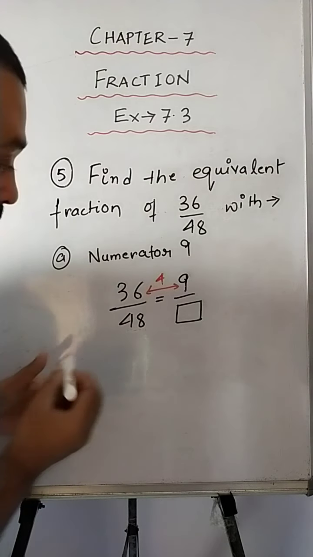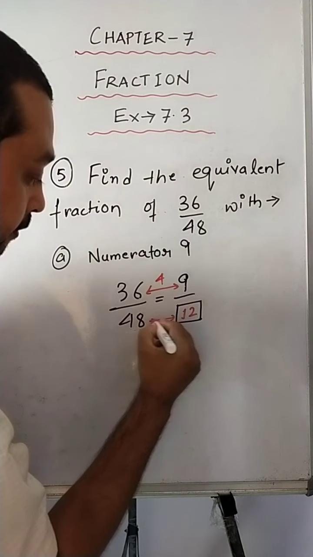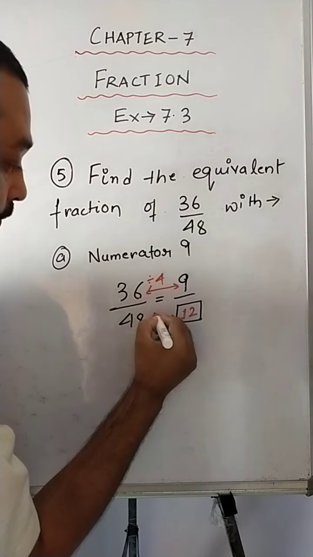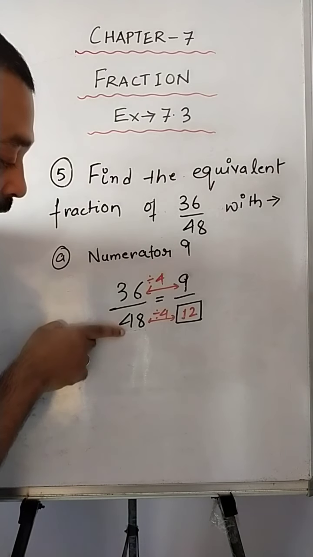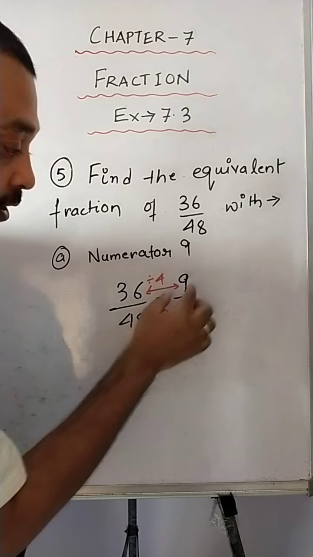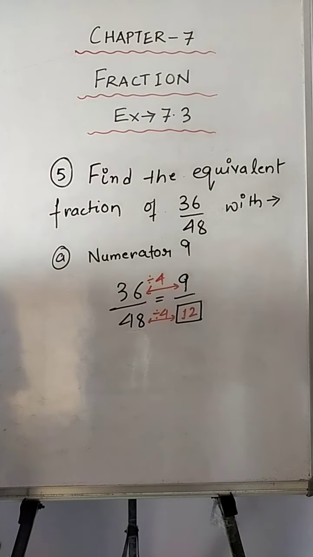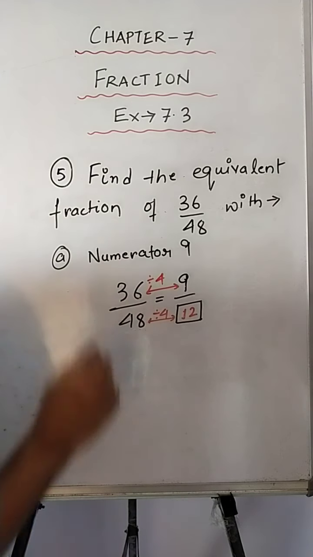So what is the answer we'll get? 12. So 48 divided by 4 is 12. In both the numerator and the denominator we are dividing by 4 and we get the equivalent fraction, that is 9 by 12. Fine, 9 by 12 is the equivalent fraction of 36 by 48.